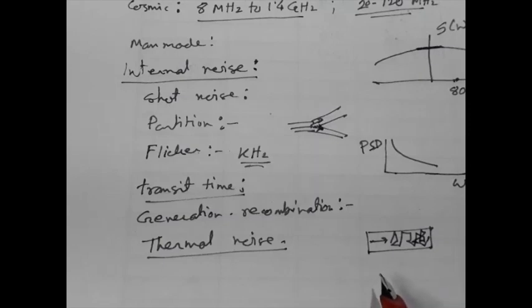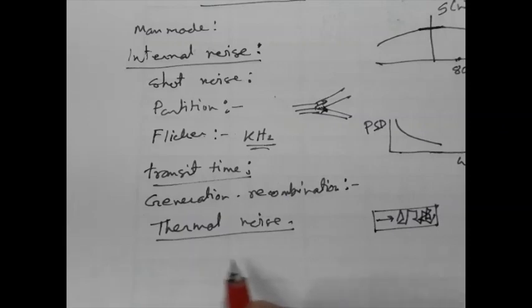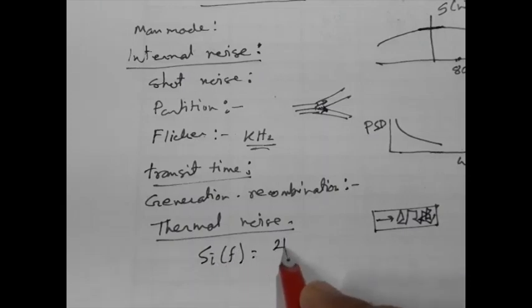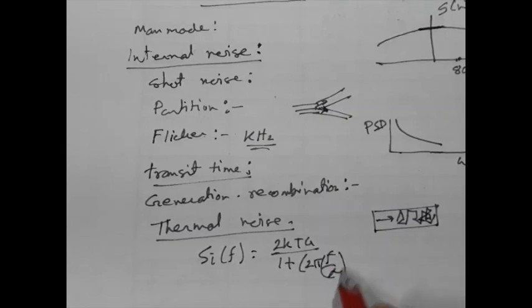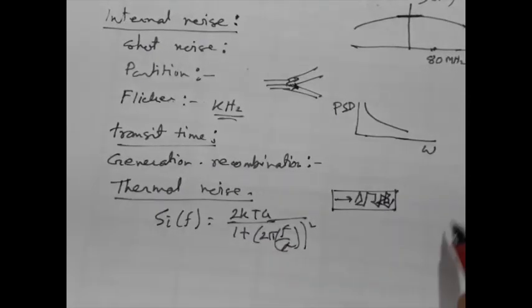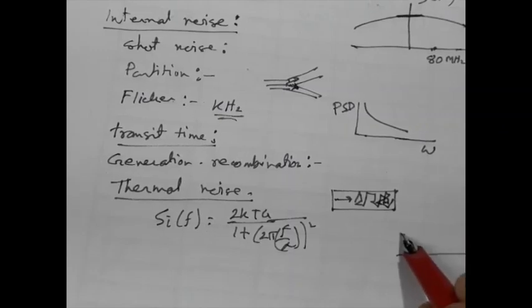On the contrary, because of the random motion of the individual electrons, there is a finite value of the RMS current. The average current may be zero, but there may be some RMS current. So the power spectral density of the current due to these free electrons may be written in this way: S_I(f) = 2kTG divided by 1 plus (2 pi f by alpha) whole square.